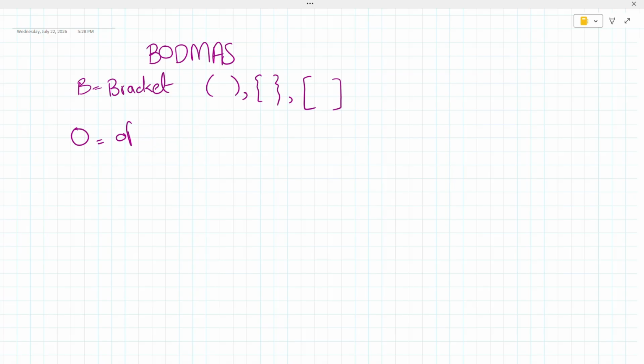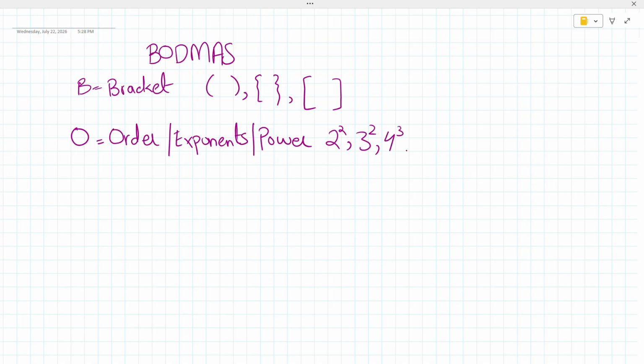The actual O means order of operations, where we will use the exponents, that means powers. For example, 2 square, 3 square, 4 cube, and so on.